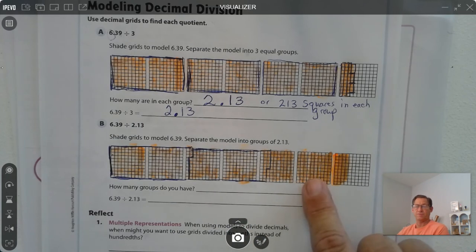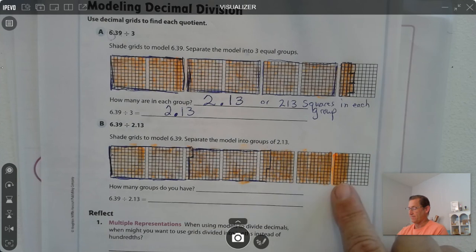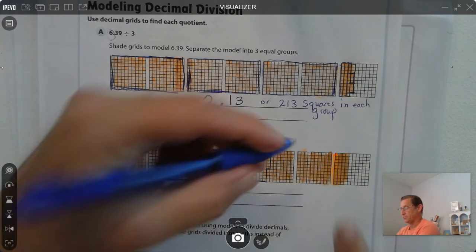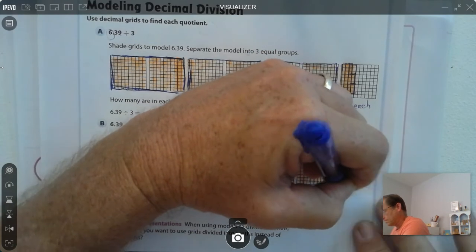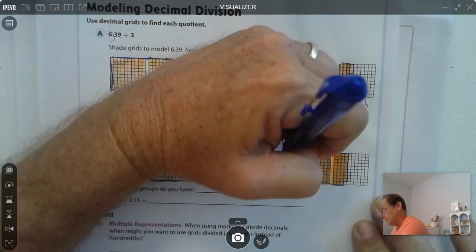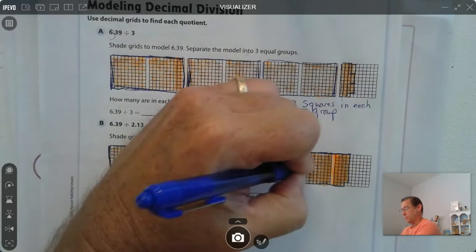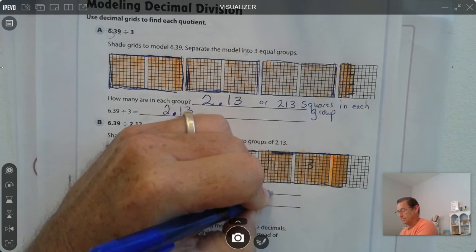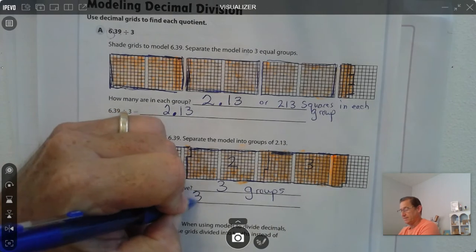And so then the last group, we have 100, we have 10, 20, 30, 40, 50, 60, 74, 84, 94, 104, 113. So 113 plus 100 is 213. So how many groups do we have? We have 1, 2, 3 groups. So 6 and 39 hundredths divided by 2 and 13 hundredths is 3.